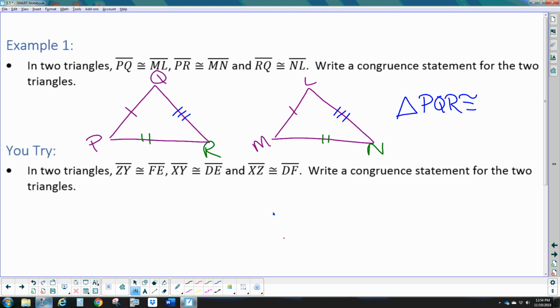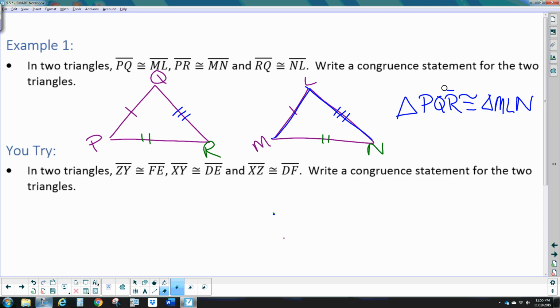P to Q, that's my one tick mark segment, so I have to start with my one tick mark segment. So M to L. And then Q to R, this segment right here, is my three tick mark segment, so I have to go to my three tick mark segment, starting with L. So I have triangle PQR is congruent to triangle MLN.